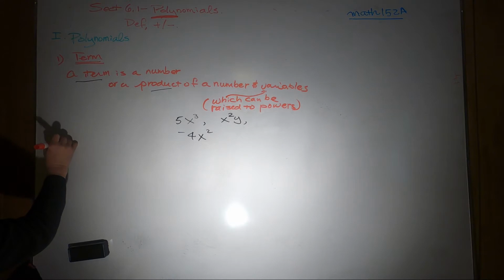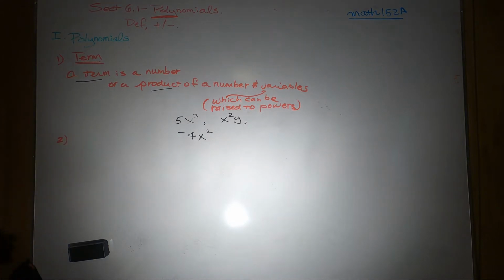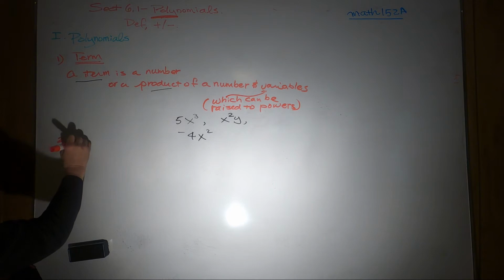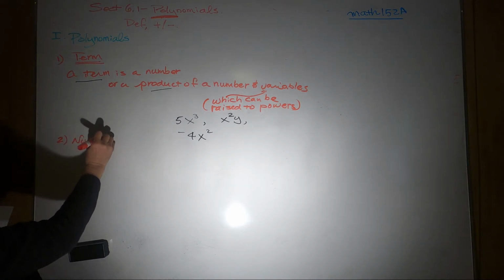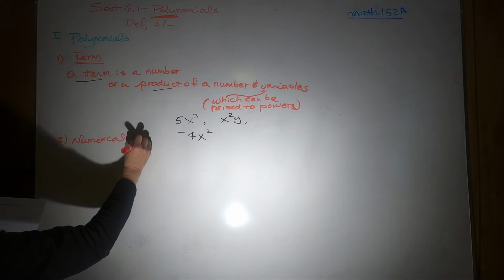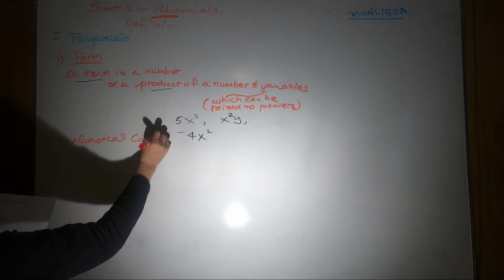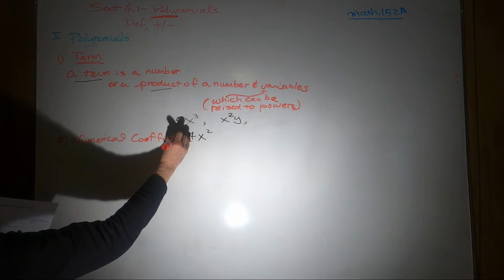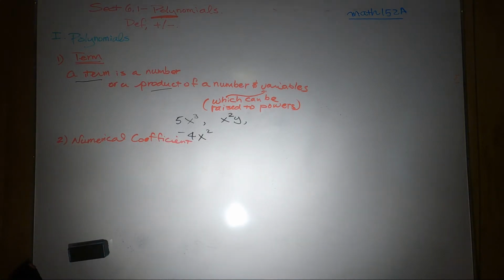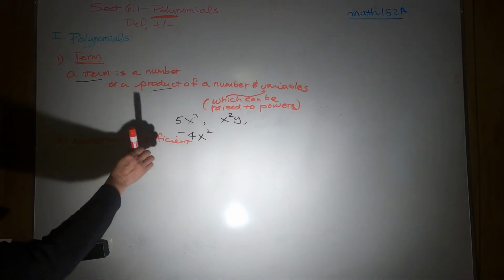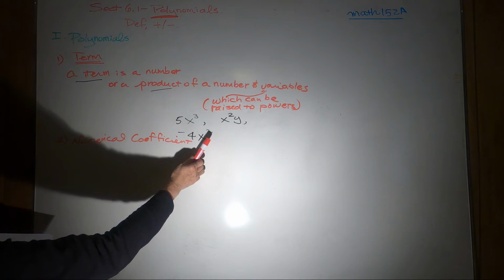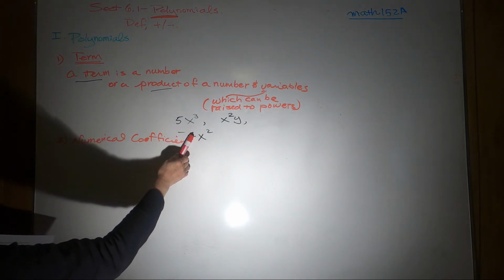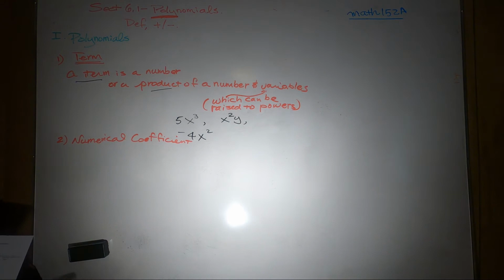Okay, and another one we use is something we call numerical coefficient. So numerical must be what? A number, right? So a term, an item, can have a number in it, right?